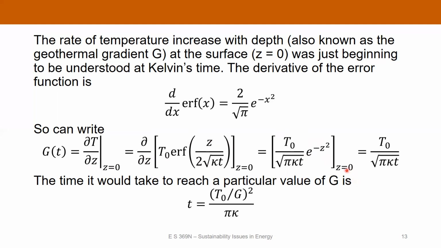And then if we plug in Z equals 0, this exponential term becomes 1, and so we just get this term here. So at any time, the geothermal gradient at the surface is going to be equal to this number here. And so if we know what the geothermal gradient is, then we can solve for the amount of time that it would have taken to reach that geothermal gradient.